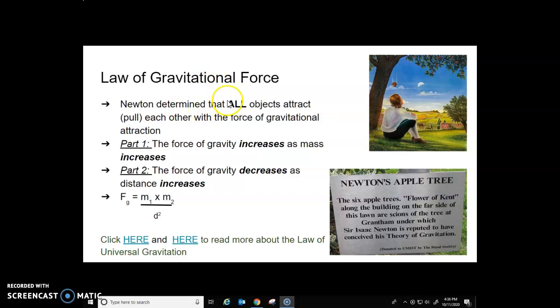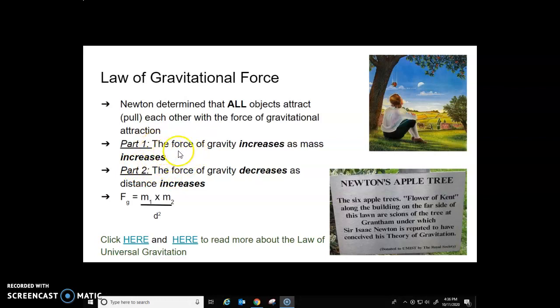So Newton did determine that all objects attract or pull on each other. So if you have a pencil sitting next to you, or the dog lying across the room, or the clock on the wall, all of those objects are pulling towards each other with the force of gravitational attraction. There are two parts to this force.